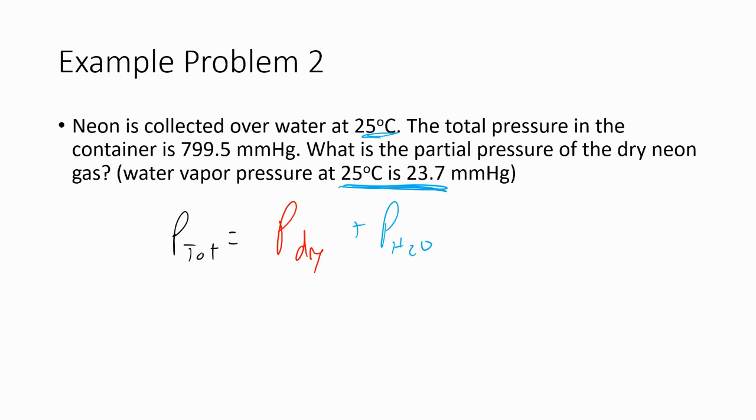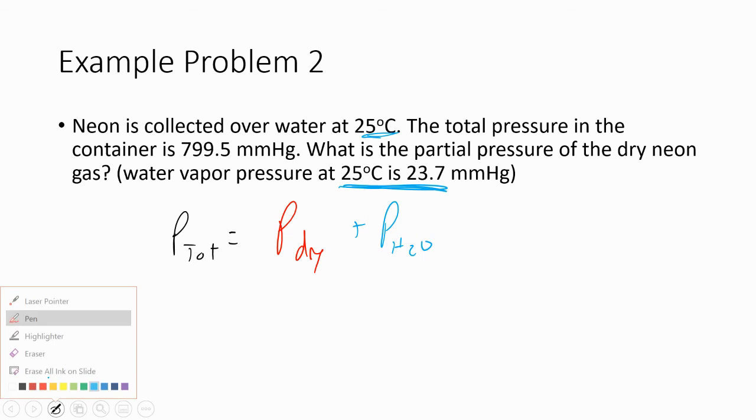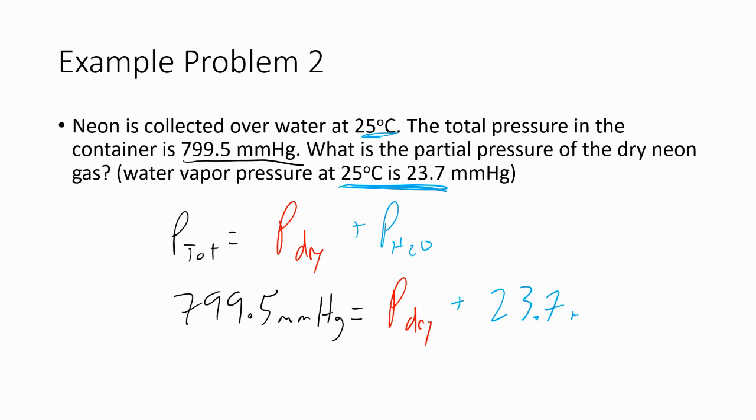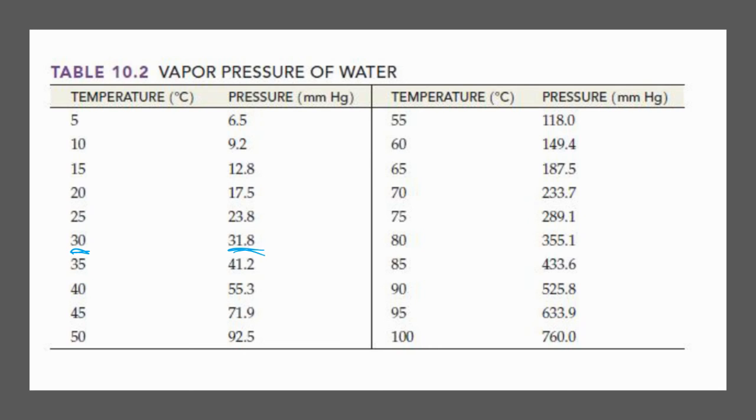And so in this case, neon is collected. The total pressure is 799.5 millimeters of mercury. We're trying to figure out what the dry gas is. And so we have to subtract out what the water pressure is at that temperature, which again is either given or you'll get a chart like this.